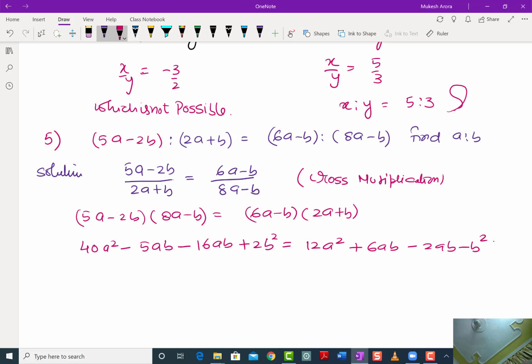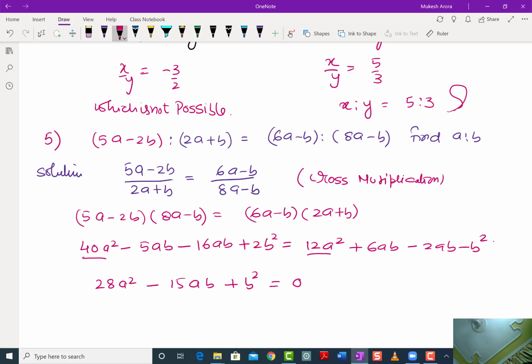So we will combine it now. This is 40 minus 12, 28a square. This is 11 and this is 4, will come here. It will be minus 15ab plus b square is equal to 0.